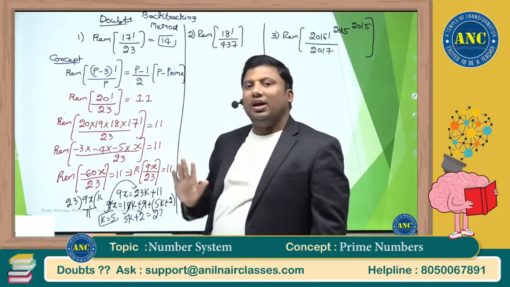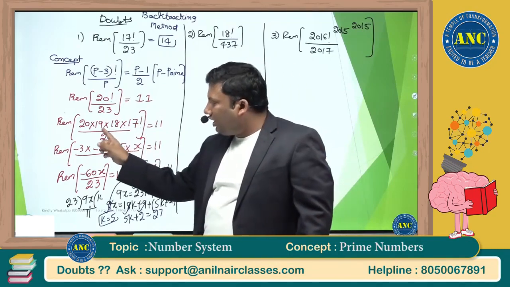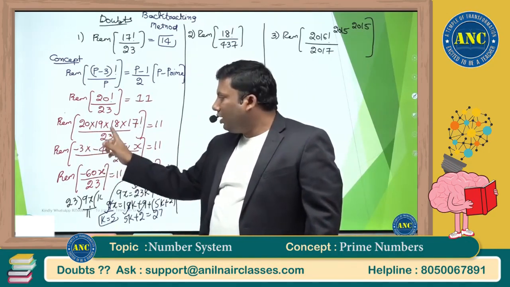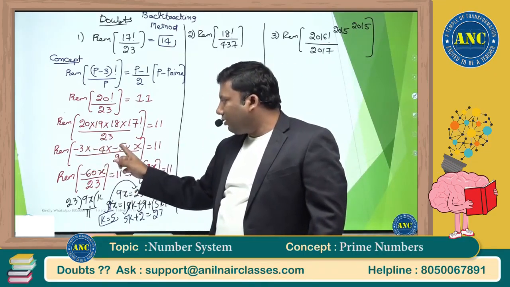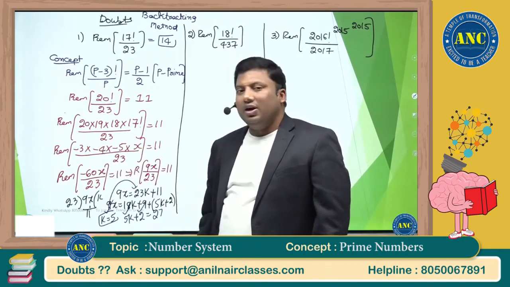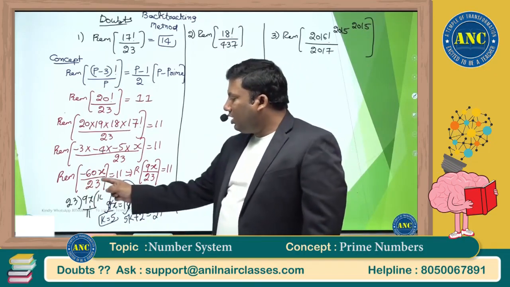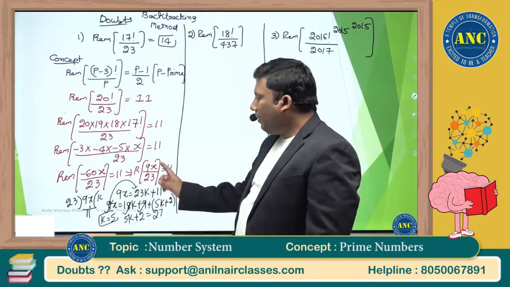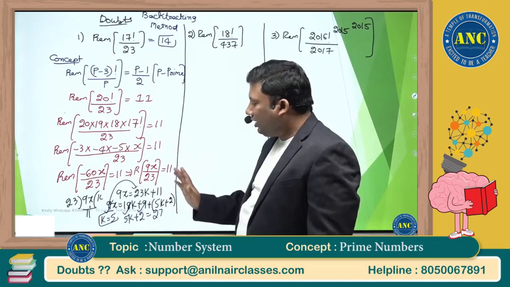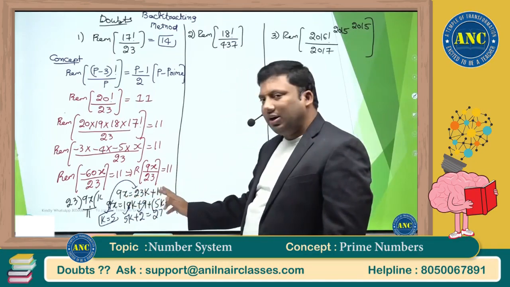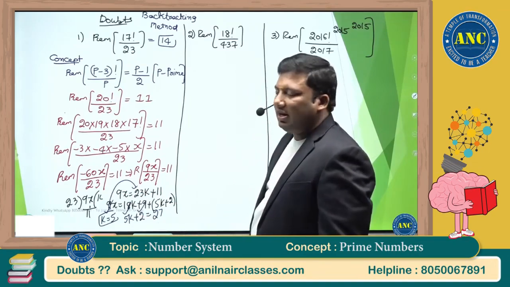From 20 factorial, I need 17 factorial by 23: 20, 19, 18, 17 factorial, which is minus 3, minus 4, minus 5, x. 12 5s are 60, so minus 60x divided by 23 is 11. 23 3s are 69, minus 9, minus into minus plus, so 9x divided by 23 is 11. 9x equivalent to 23k plus 11, k value is 5, 9x is 126, x is 14.